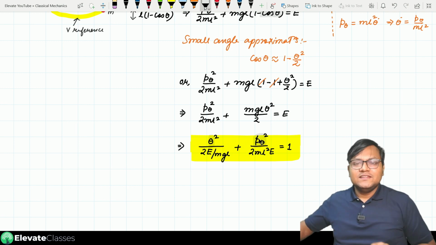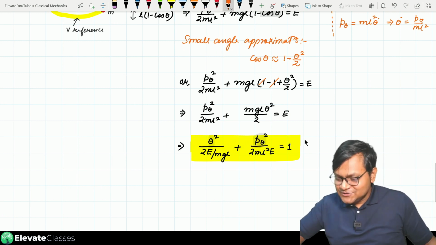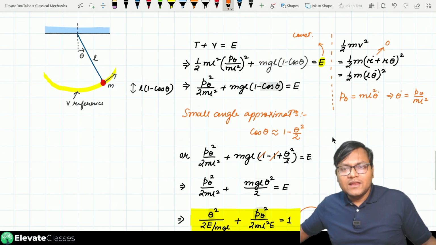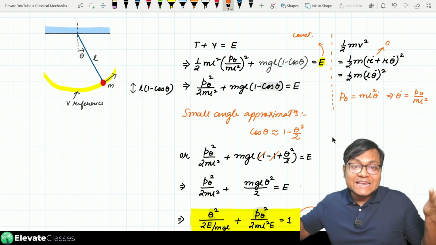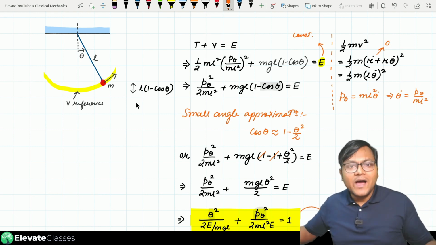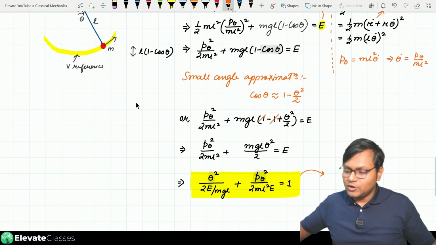If you notice, this is similar to the earlier equation, which is the equation of an ellipse. So for a simple pendulum, under small angle approximations, we end up getting exactly the same phase space trajectory as that of a spring mass system, which is an ellipse. Why? Because a simple pendulum also behaves like a harmonic oscillator under small angle approximations.